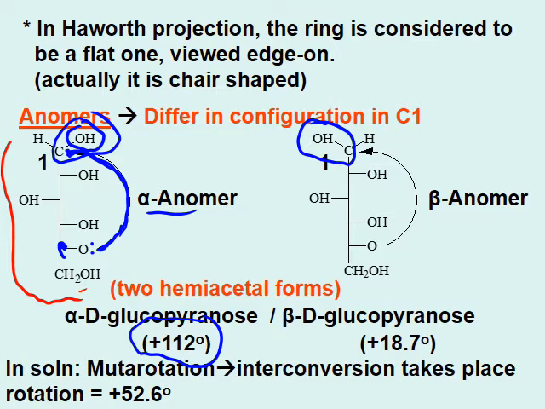Now, in solution, both forms exist, so an interconversion takes place from one to the other. And so the overall rotation is observed to be plus 52.6. That means you get a certain percent of alpha D-glucopyranose and a certain percent of beta D-glucopyranose, which gives a number in between 112 and 18.7.